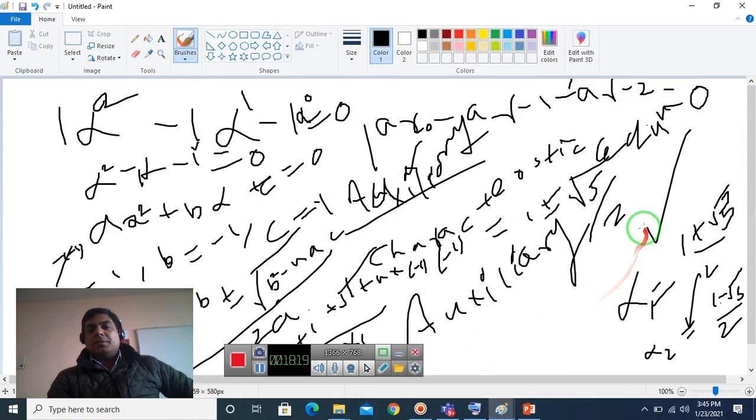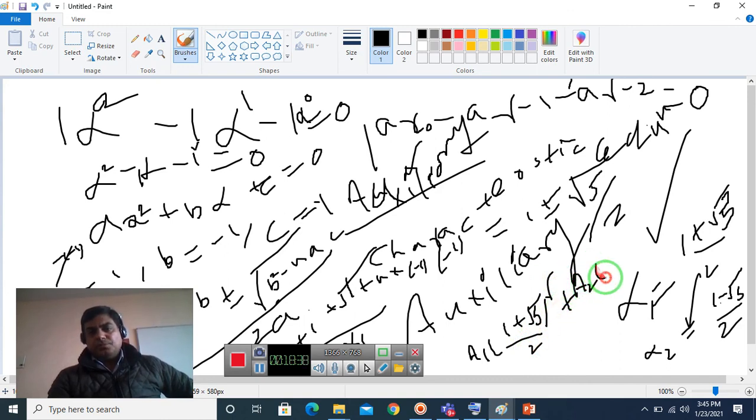Okay, so for this recurrence we have these roots, so the solution is constant times (1 plus root 5 divided by 2) to the power r, plus any constant times (1 minus root 5 divided by 2) to the power r, power 2 no, sorry, r.